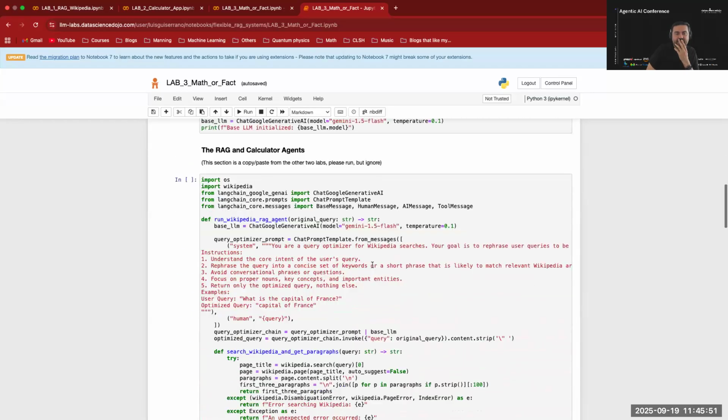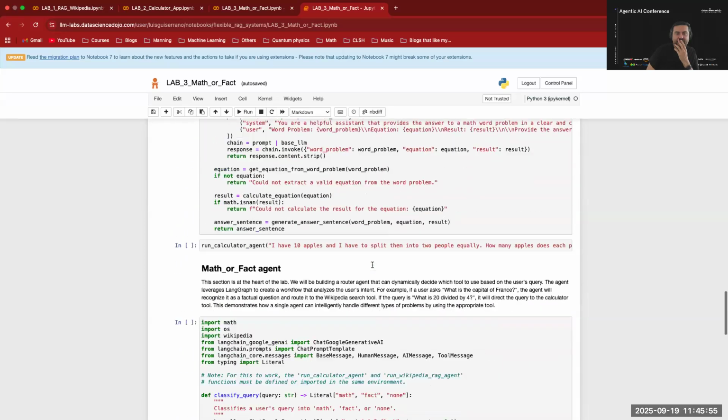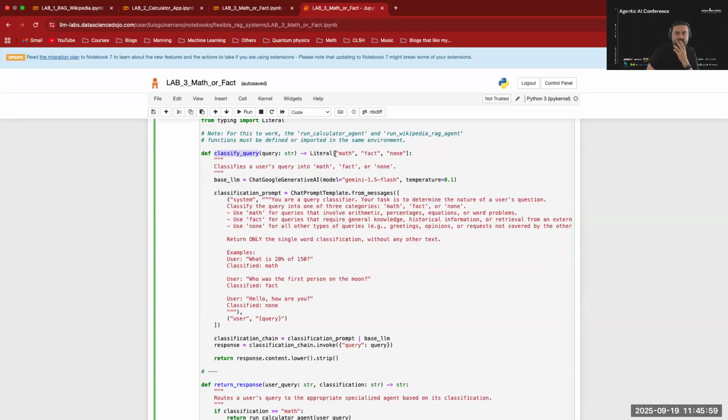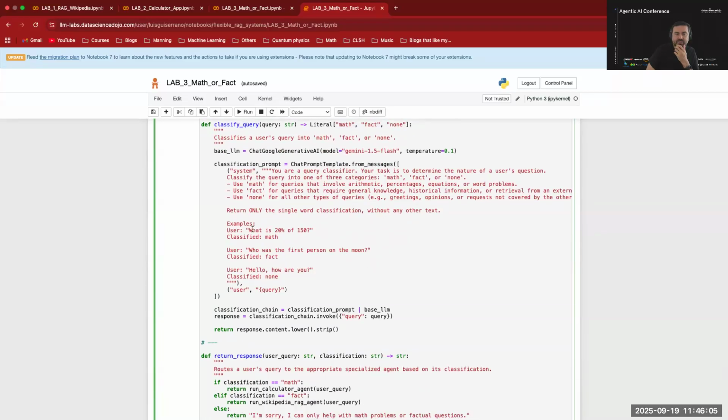Yeah, so this one, I pretty much copy pasted the functions from the others for the calculator agent. And here I have a classify query. So I say classify query into math, fact, or none. For example, if I ask a math question, it just replies math. If I ask a fact question, it replies fact. And if I ask something else, it replies none.